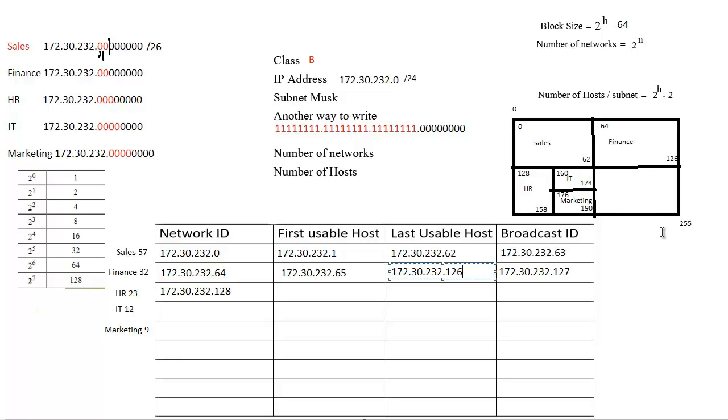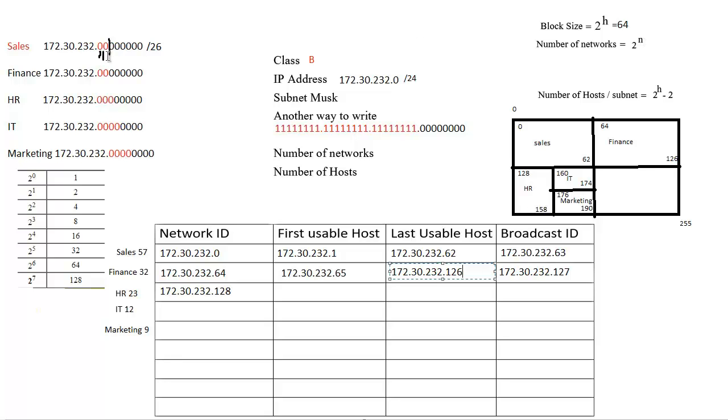In this image, from 0 to 255 represents the value of 8 bits, which gives us 256 addresses. So we subnet this portion, these 8 zeros, and the number of networks is 2 to the power n, where n is the number of ones.